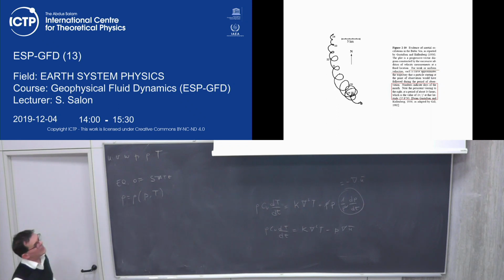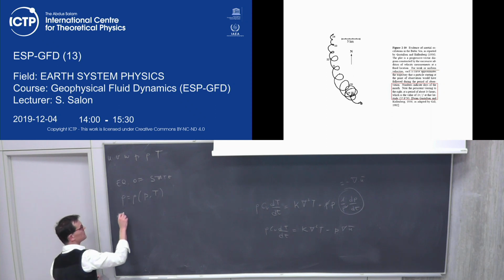Okay? So now, up to now, we could consider everything. I mean, the three equations of motion, the momentum, the equation of continuity, the energy equation. We didn't have to think about ocean or atmosphere. Now we have to do it because the equation of state, of course, is very different for ocean and atmosphere.